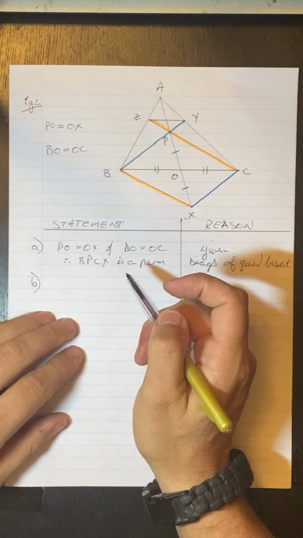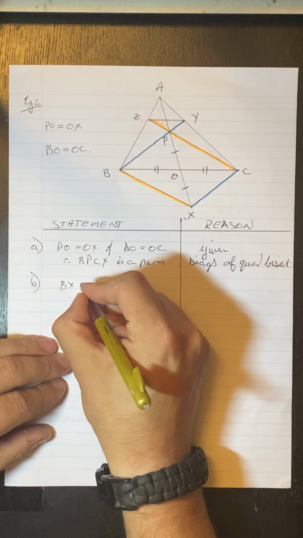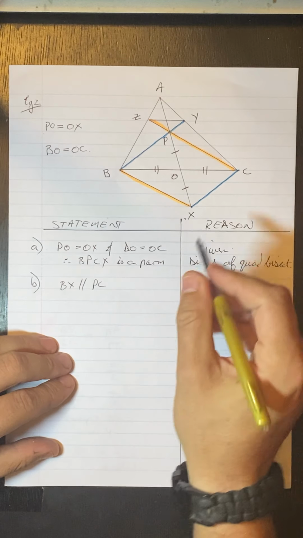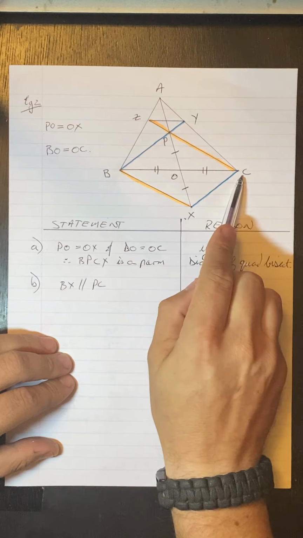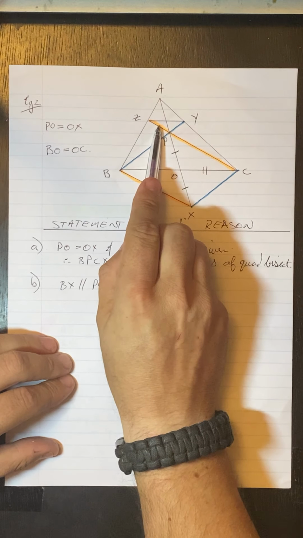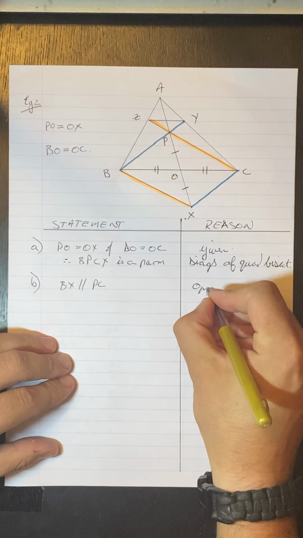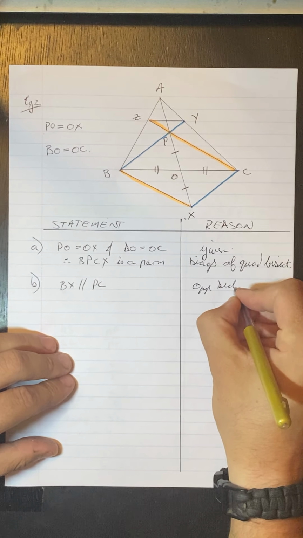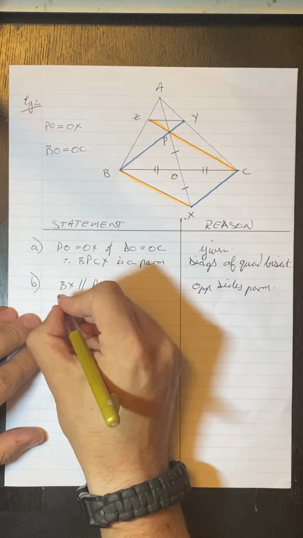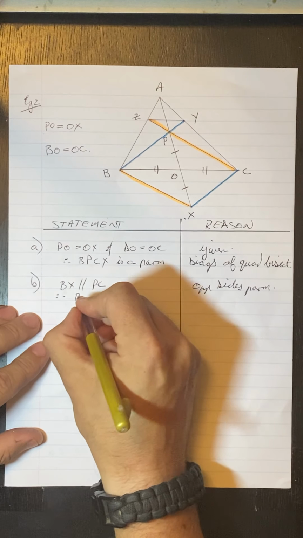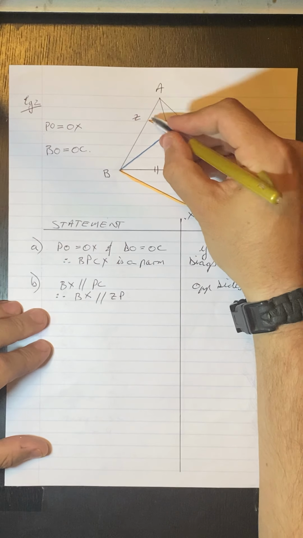First of all, I just have to state that BX is parallel to PC. So BX is parallel to PC. Now I know I've gone over there, I'm going to explain that in a bit. My reason for this is opposite sides of the parallelogram. Therefore, BX is parallel to ZP, which is that little bit there.